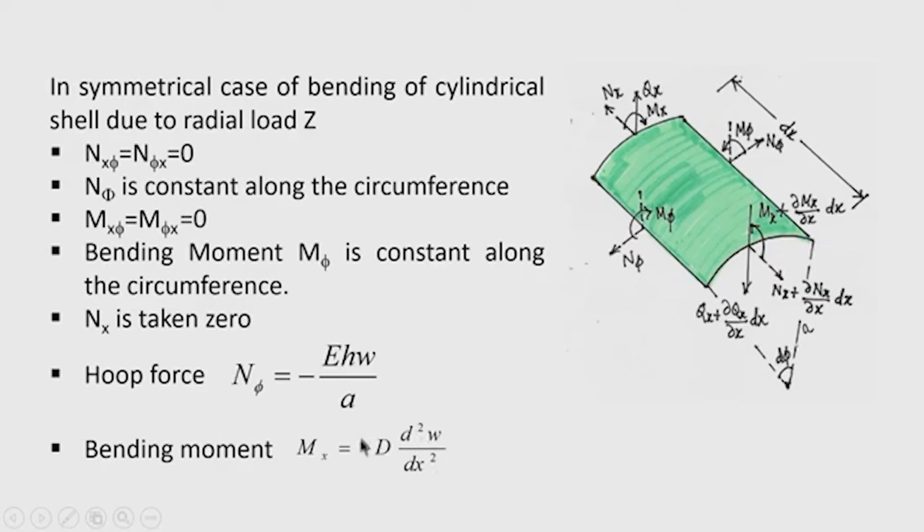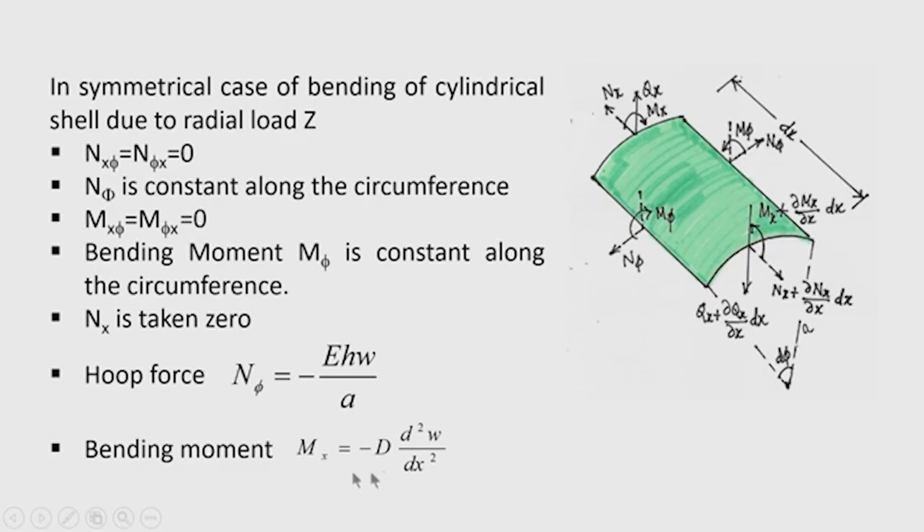Here D is the flexural rigidity of the shell, and you can find the similarity with the beam bending equation, where E I was the flexural rigidity. Here the flexural rigidity contains the Poisson ratio term also. So, D is equal to E h cube divided by 12 into 1 minus mu square.